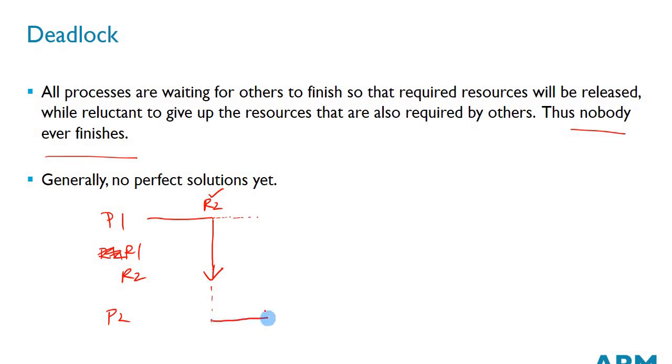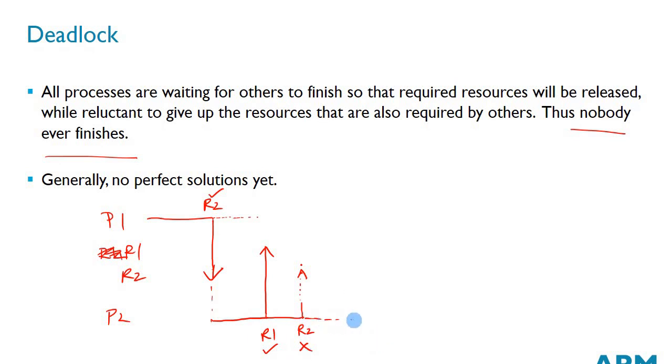Process 2, while running, acquired resource 1. Subsequently, it is still running and it tries to acquire resource 2, but resource 2 is already acquired by process 1, so it gets blocked.